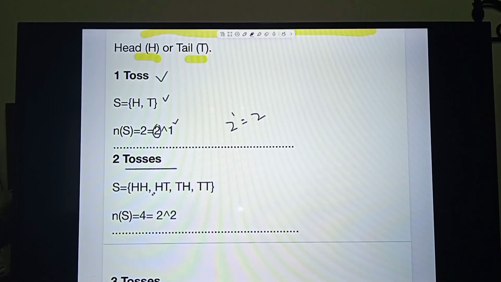The number of sample points in this sample space is now 4, because 2 to the power 2 is equal to 4. There are 2 faces of the coin, and you toss 2 at a time, so the resultant value is 2 cross 2.